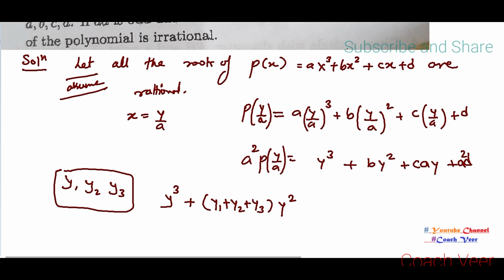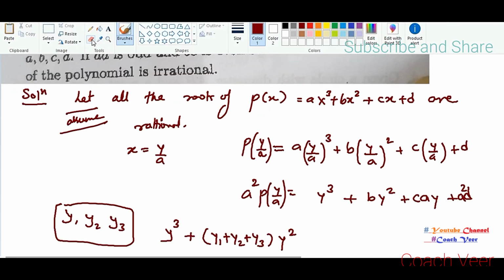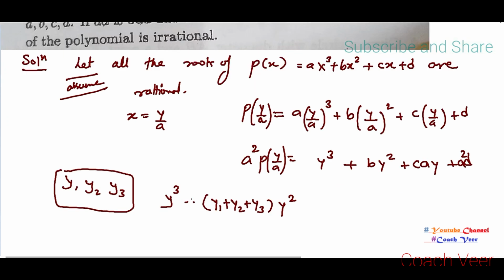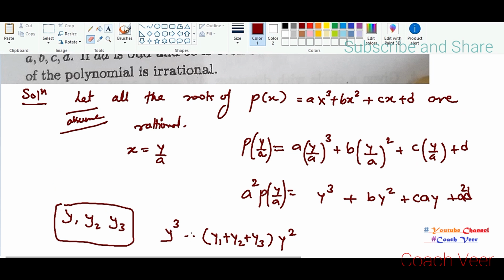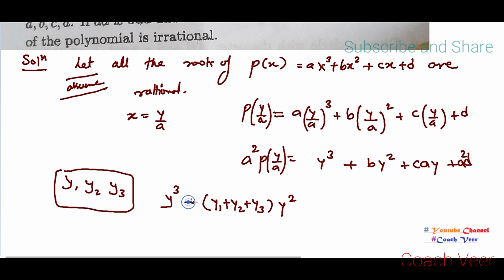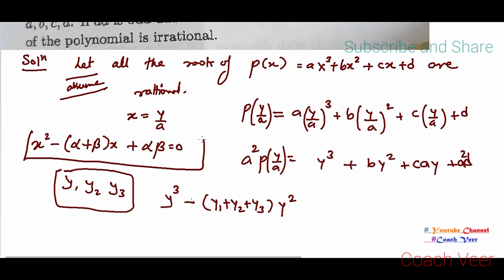Like in x square minus (alpha plus beta) x plus alpha into beta, the sum of the roots and the product of the roots, the same way it applies in cubics and higher powers.